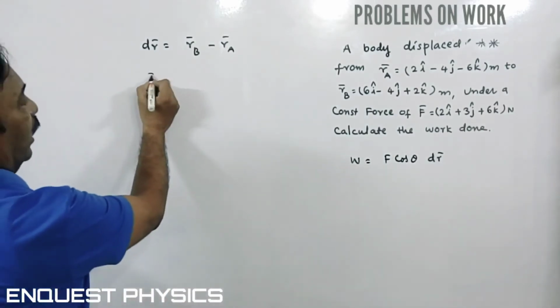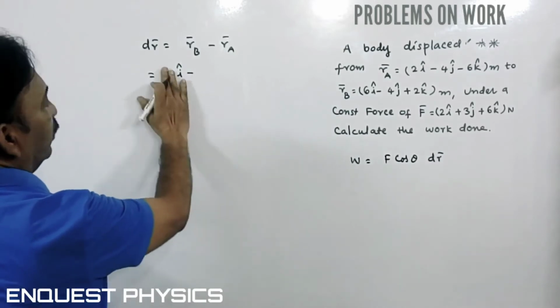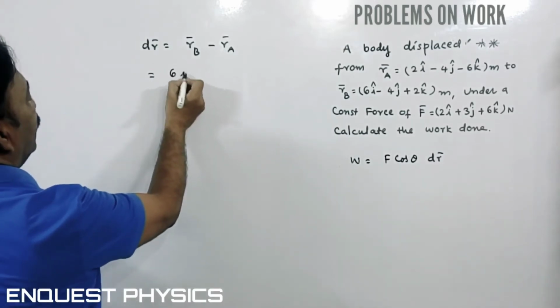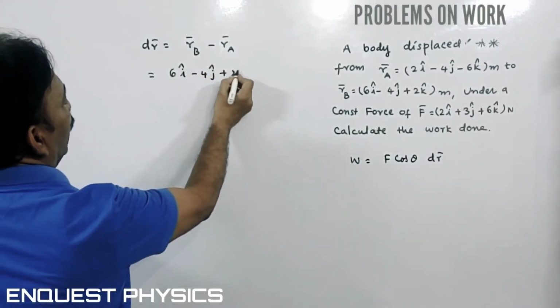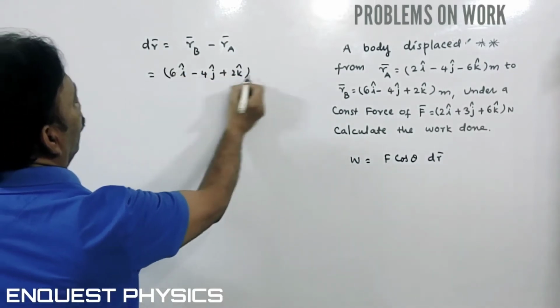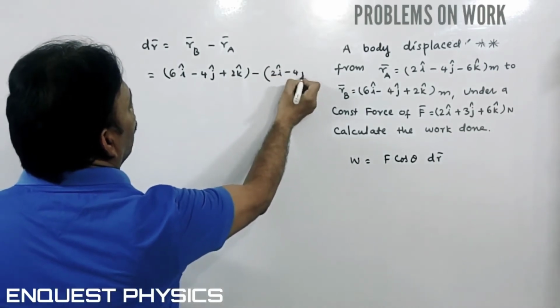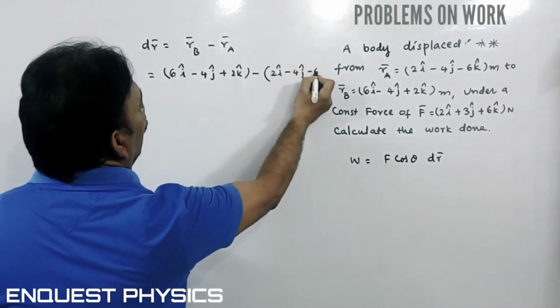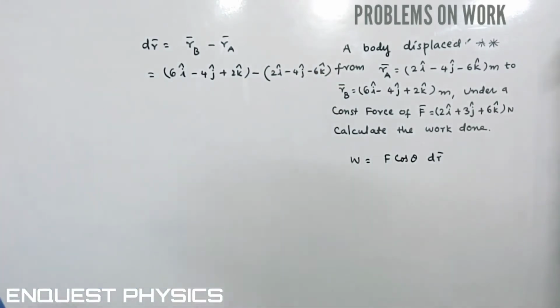It could be written as 6i cap minus 4j cap plus 2k cap, minus 2i cap minus 4j cap minus 6k cap. We have to take the difference of these two.